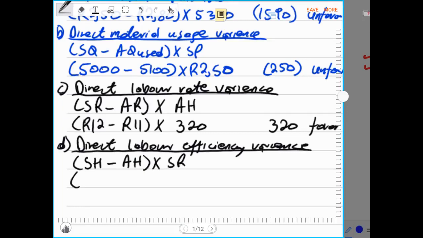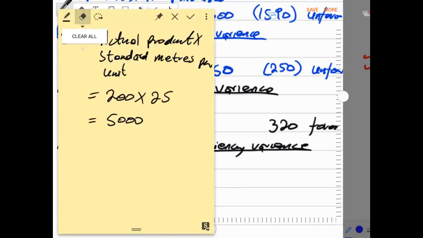As I said to you, the standard quantity of material must be calculated similarly to the standard labor hours. So our standard hours, SH, is the actual production multiplied by the standard labor hours per unit.